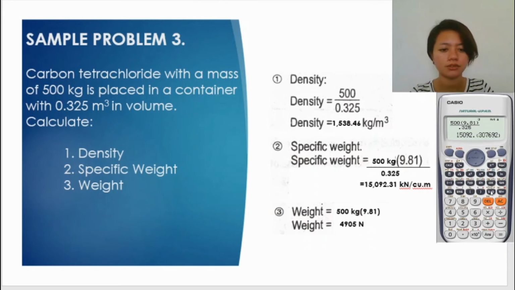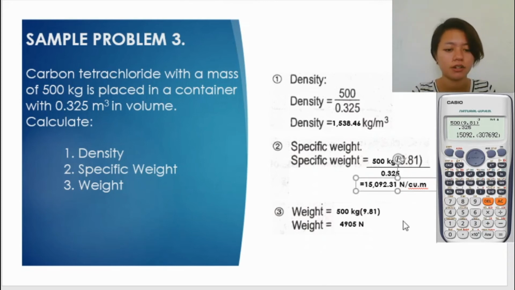So we get our specific weight, 15,092.31 Newton per cubic meter. If you convert it into kilonewton, simply divide by 1,000. So we have 15.09 kilonewton per cubic meter.